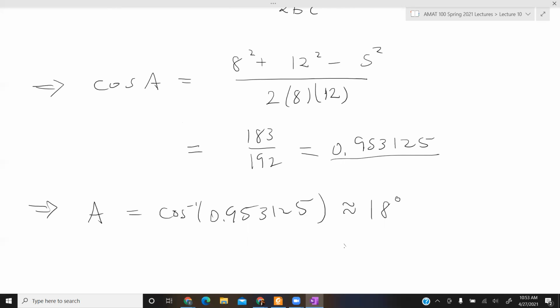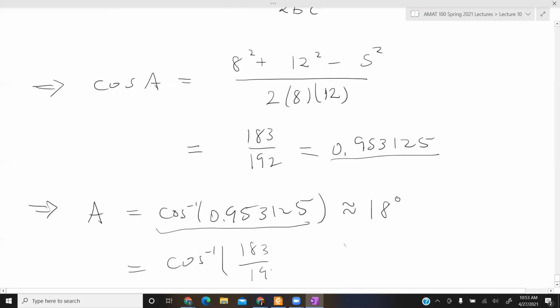I should be assigning problems where you don't. It's not necessary to use a calculator. I think there are problems that don't require a calculator. If there are, I will choose those. But then at that point, you can plug in a calculator if you want to. But even this is enough right here for me. Or actually even better, because I don't want to have to think about all these decimals, just cosine inverse of 183 over 192.